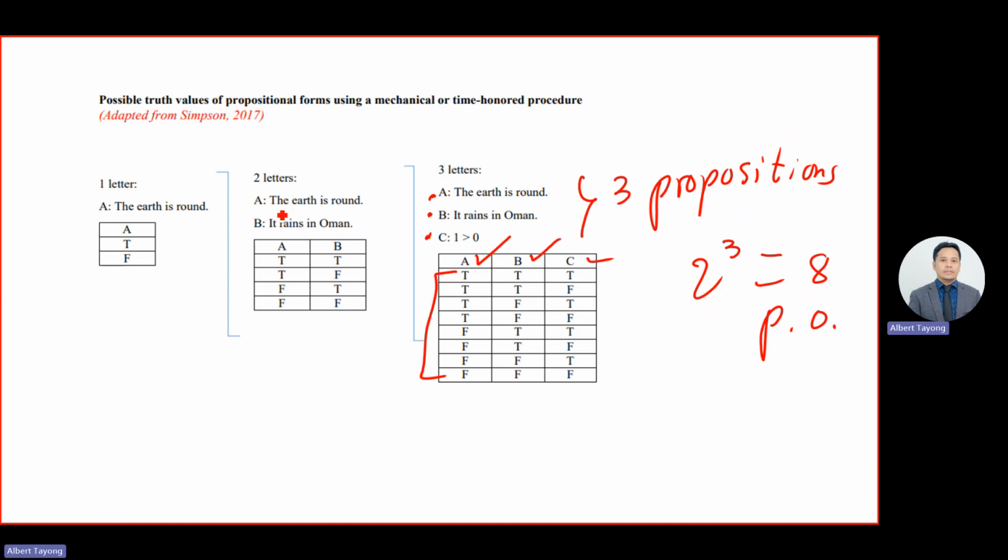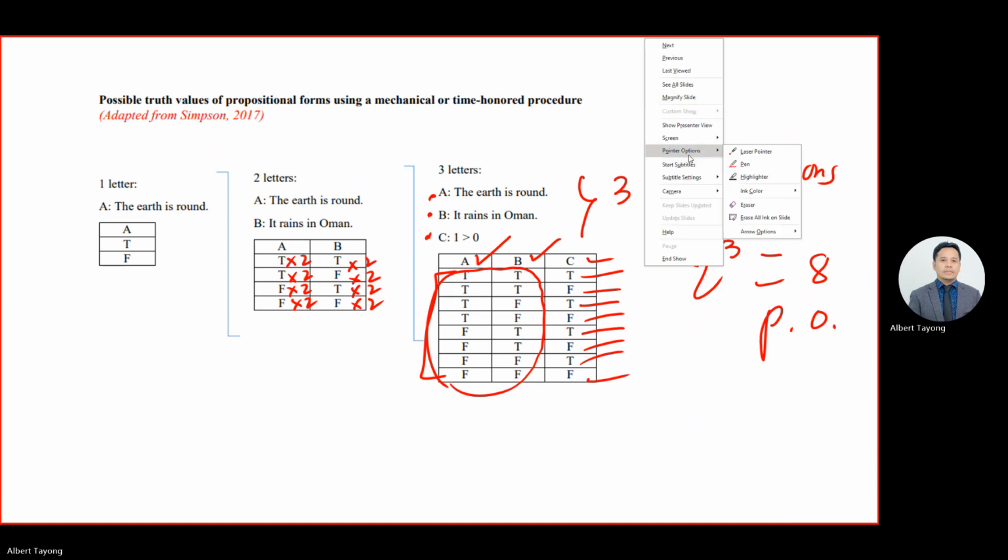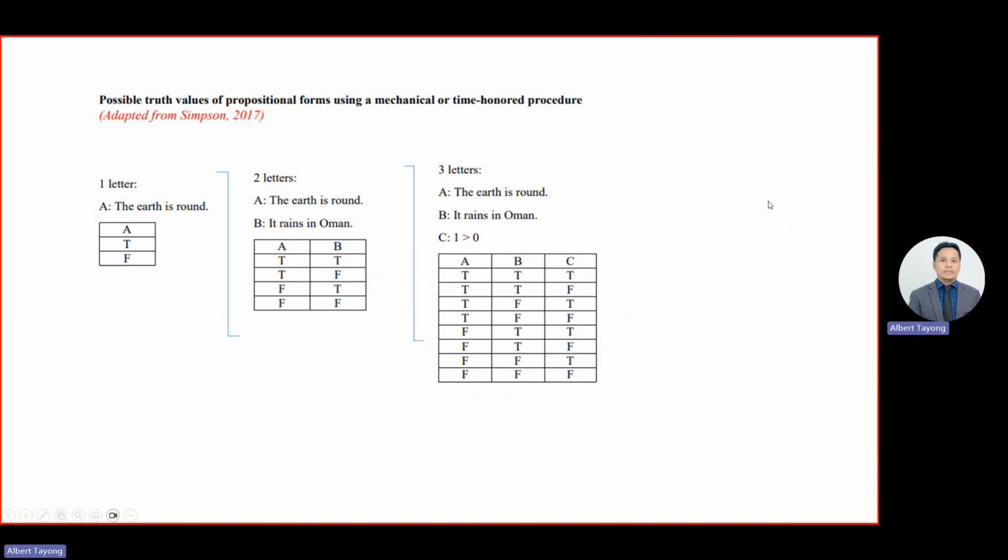So what do we do? We multiply this by 2 here as well to get our first two columns here. The last is always TF, TF, TF, TF. Okay, so multiply this by 2.